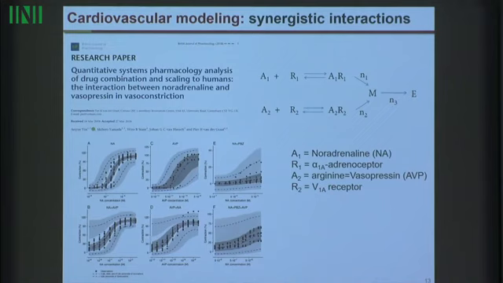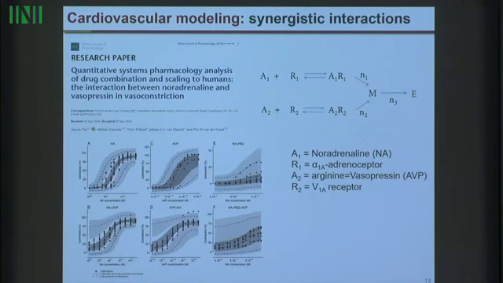So here's some more recent work moving up the systems pharmacology scale in terms of how we are trying to develop more mechanistic models to help us understand how to scale preclinical data to clinical data. Now we're starting to look at combinations of ligands.